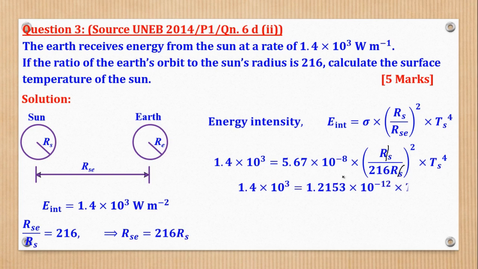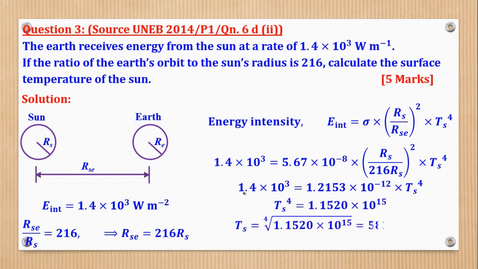So when it cancels and you simplify, this divided by 216 gives you this. Then this one is maintained here, and this one is also maintained here. Now the good thing, it is only TS which is the unknown, so I make it the subject, and the fourth root of that gives you the temperature of the Sun, which they wanted.